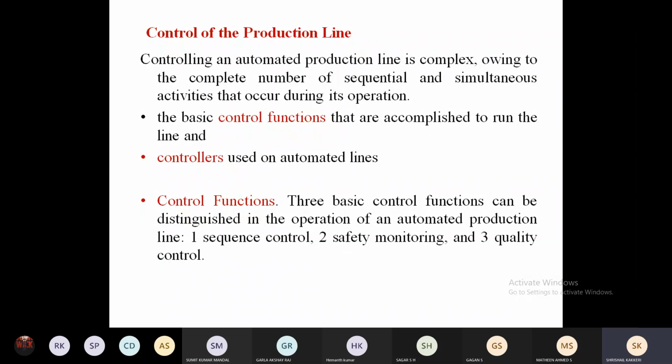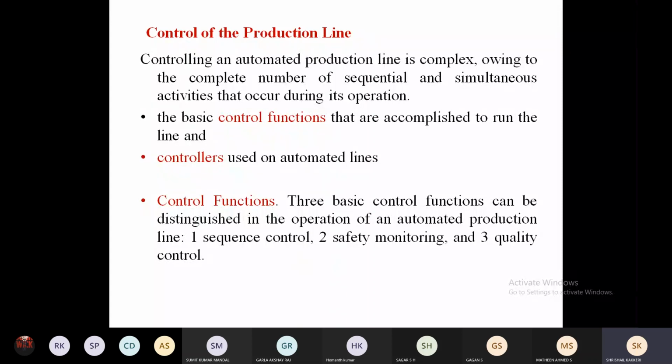All these will be taken care of by the safety monitoring systems. And another one: high rejections can be reduced, and a rejected part should not be sent to the next workstation, since the work part will be inspected within the system itself. All this care will be taken by the quality control functions.